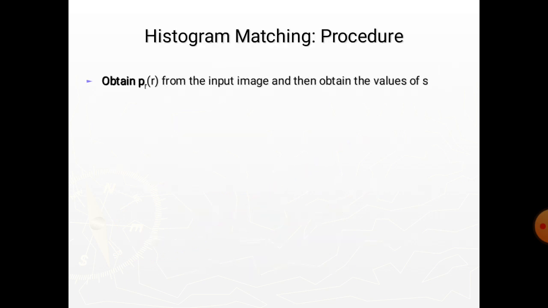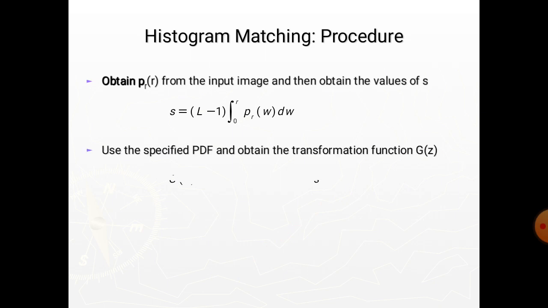As we know the values of s and G(z) from the previous slide, z must satisfy this condition. The transformation T(r) can be obtained once p_r(r) has been estimated from the input image.